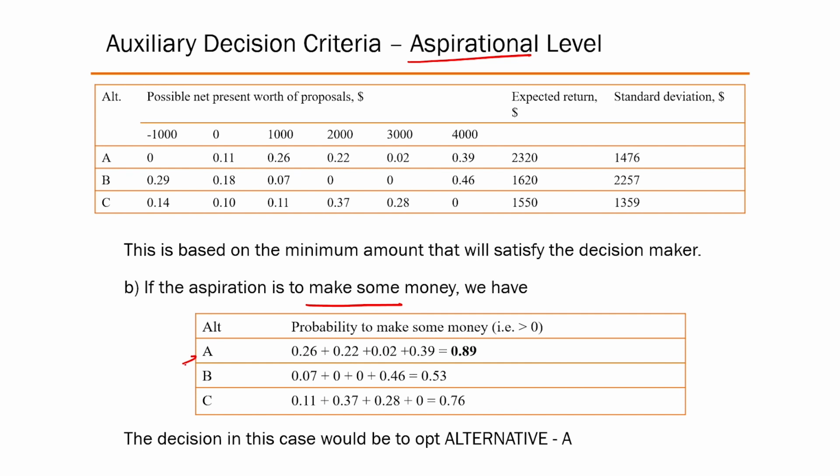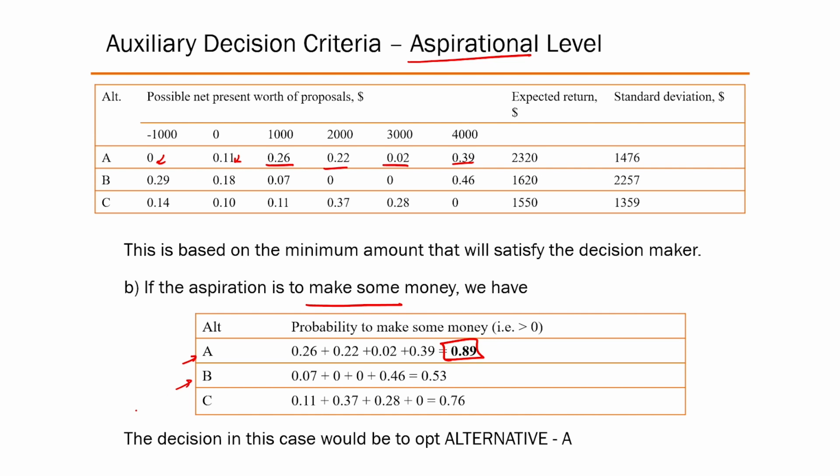So for A, what is that probability? It's essentially 0.26, 0.22, 0.02 and 0.39, the summation of that. There's an 11% chance that it will give you actually 0 return, and there is a 0% chance that it will give you negative return. So for A, there's an 89% chance that it will have some worth greater than 0.